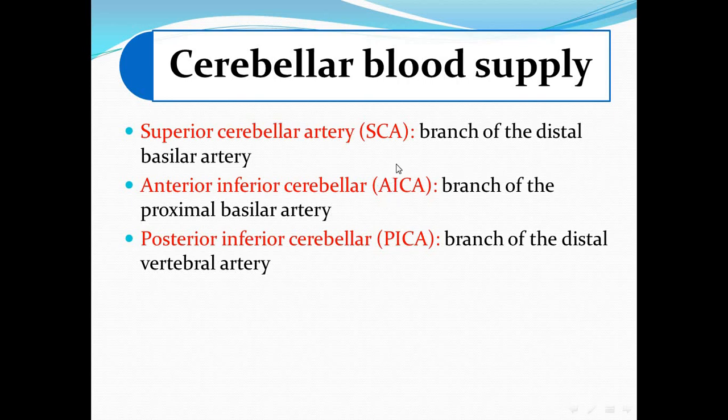Then the AICA or anterior inferior cerebellar artery. This is a branch of the proximal part of the basilar artery. The PICA, the posterior inferior cerebellar artery. This is a branch of the distal vertebral artery before merging to form the basilar artery.